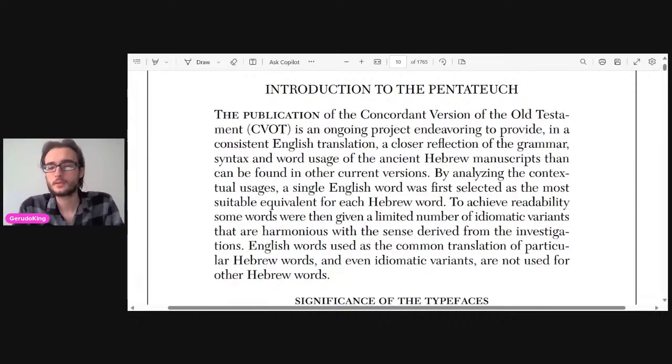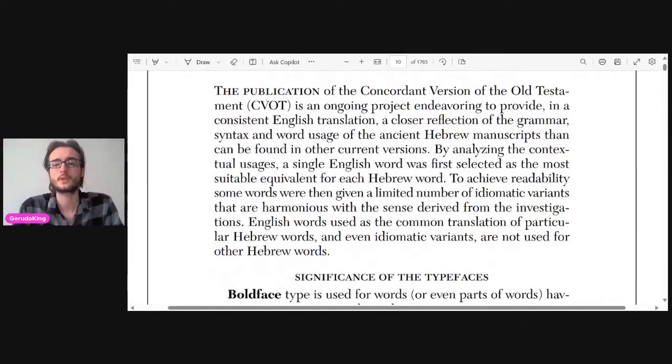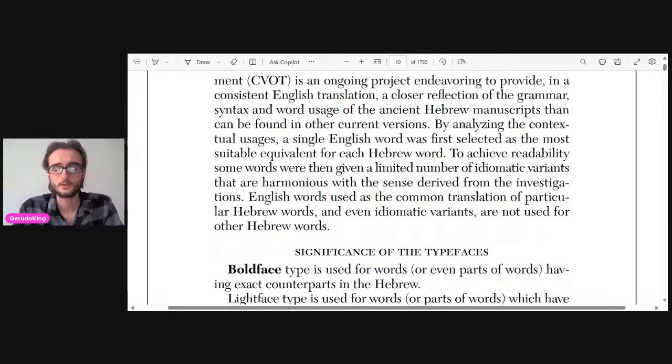By analyzing the contextual usages, a single English word was first selected as the most suitable equivalent for each Hebrew word. To achieve readability, some words were given a limited number of idiomatic variants that are harmonious with the sense derived from the investigations. English words used as the common translation of particular Hebrew words, and even idiomatic variants, are not used for other Hebrew words.